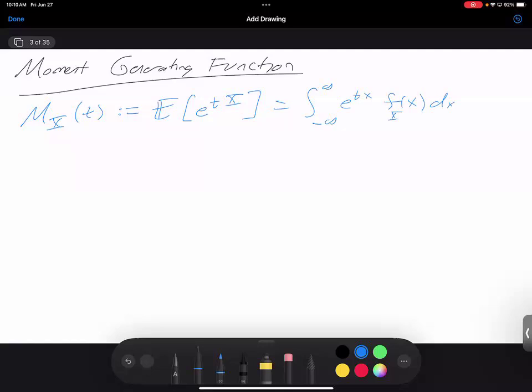We will assume that our function has whatever decay properties necessary to make these integrals converge, at least in the neighborhood of the origin. So assume sufficient decay, so converge in, say, some interval minus delta to delta, which will contain the origin. Okay?